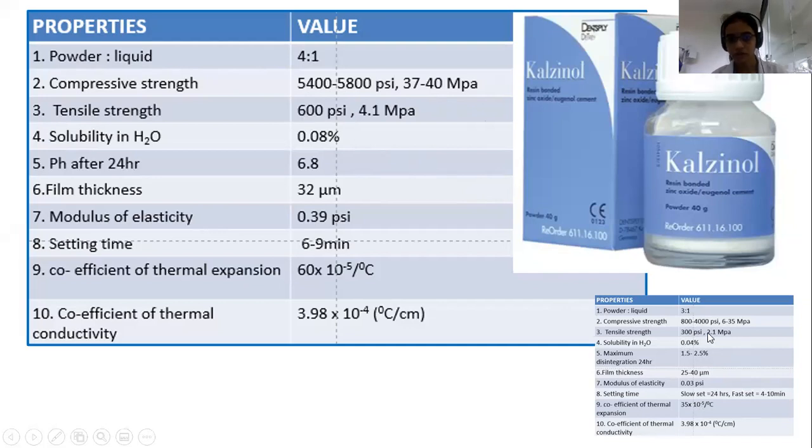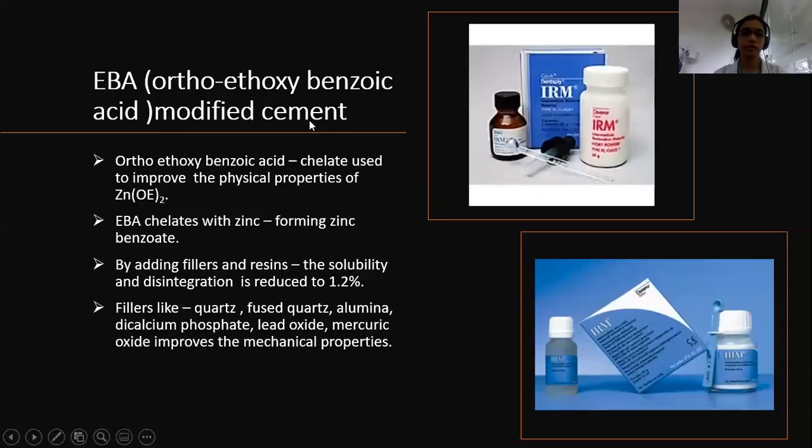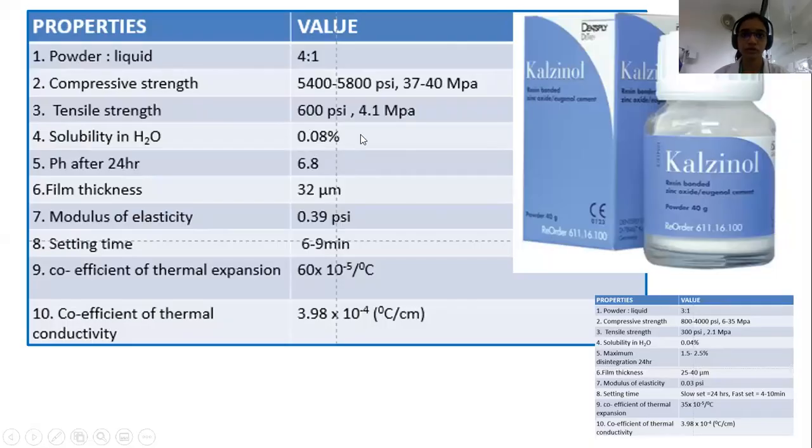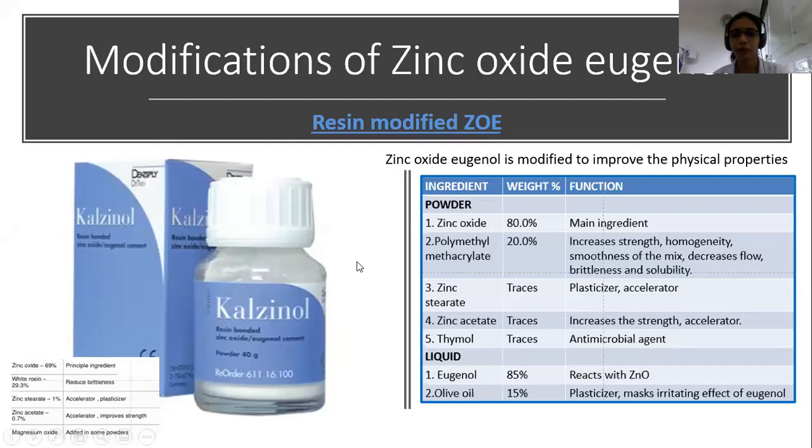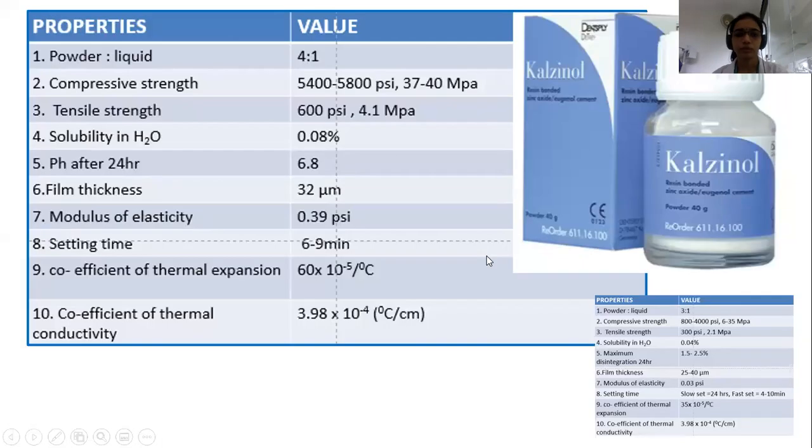See, the tensile strength for resin modified zinc oxide eugenol is 600 pounds per square inch, whereas the tensile strength for a normal zinc oxide eugenol is 300 pounds per square inch. And the coefficient of thermal expansion is higher in resin modified zinc oxide eugenol than conventional zinc oxide eugenol because of the addition of polymethyl methacrylate to the powder.